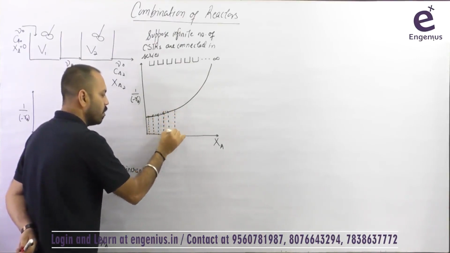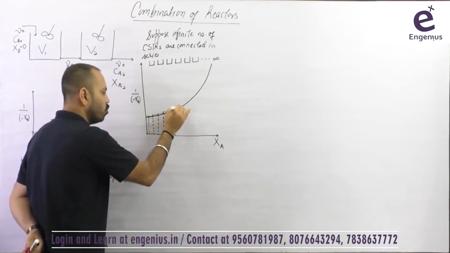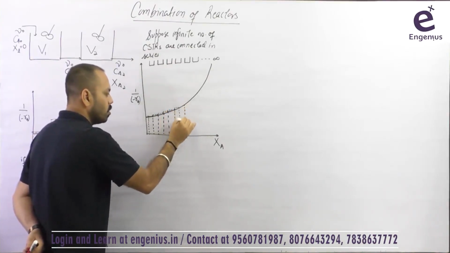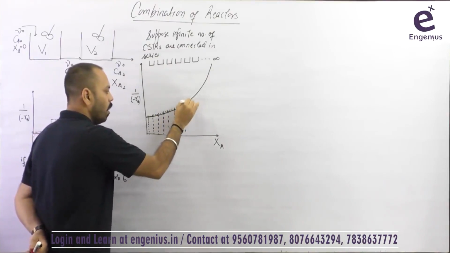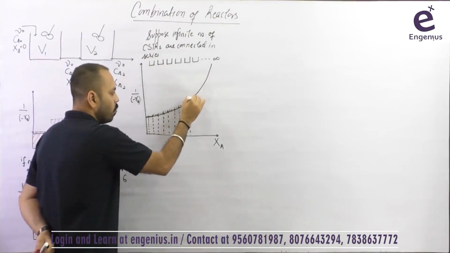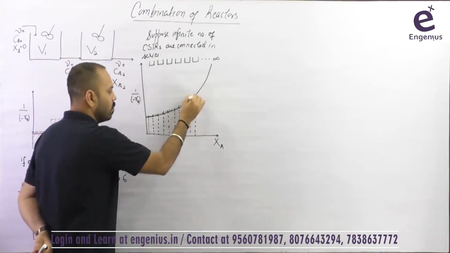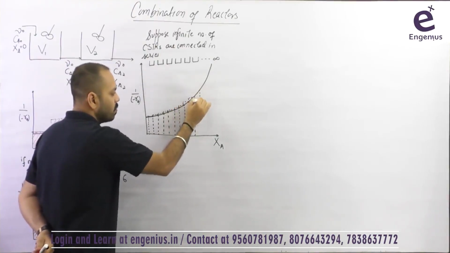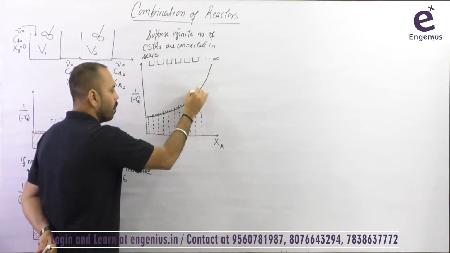A number of CSTRs are there. Of course, I cannot show infinity on this graph, so I have to show some number, right? I'm trying to show as many CSTRs as possible here. So, a number of CSTRs like this.